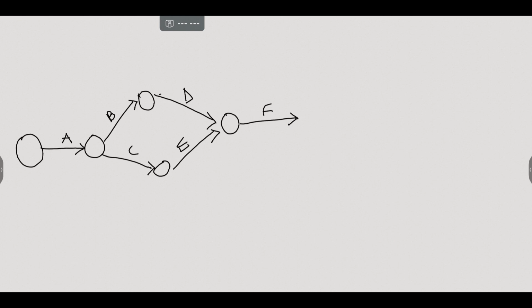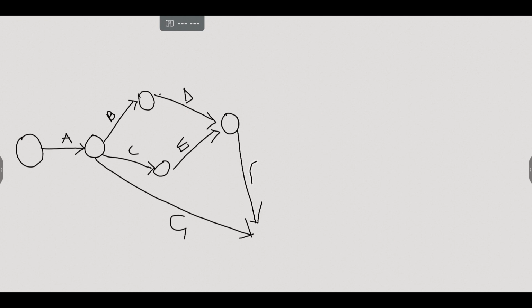Also, G is preceded by A. So we also come here and draw this. And this is G. But again, H is preceded by F and G. So we can clean this, and come here and just draw this.